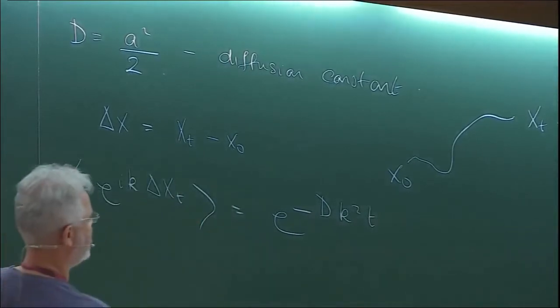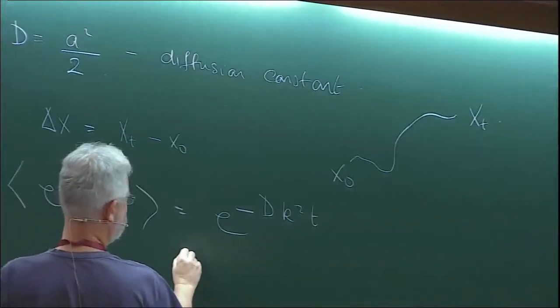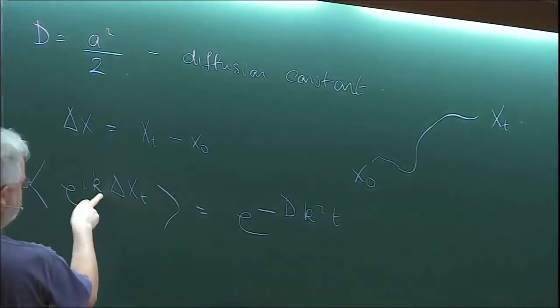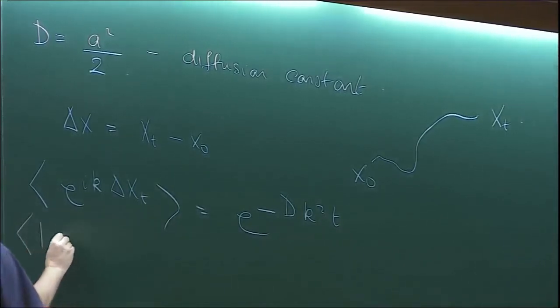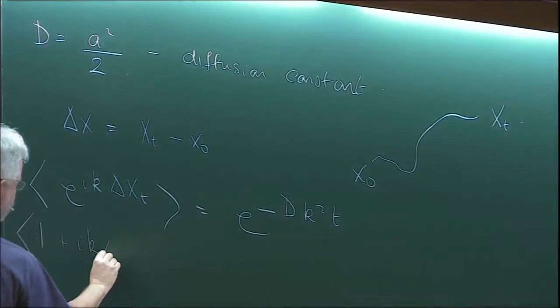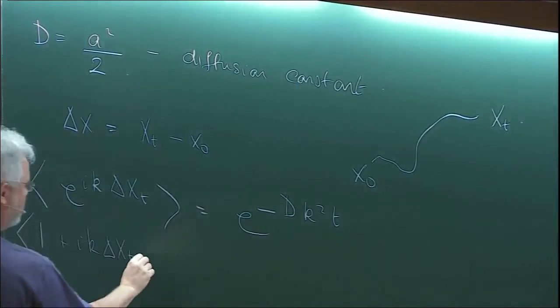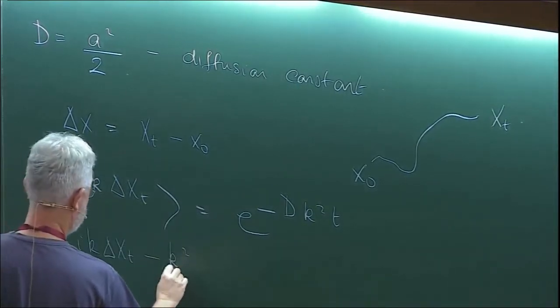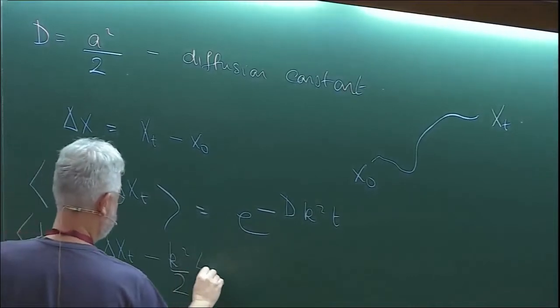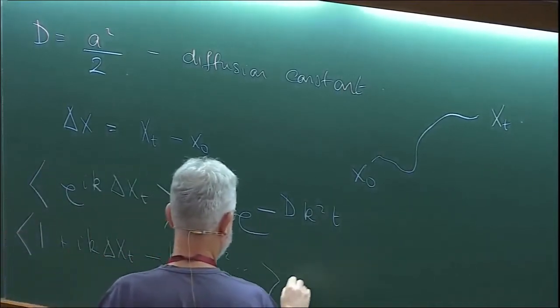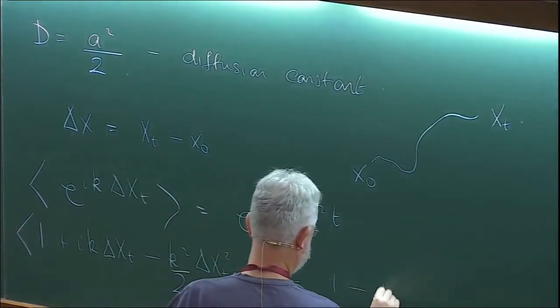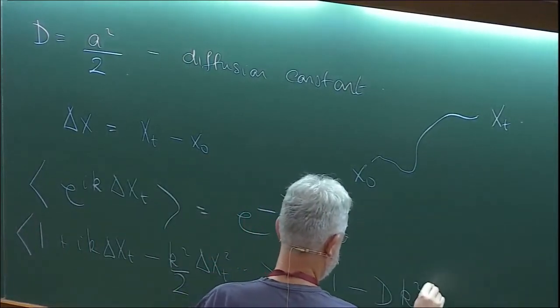If I Taylor expand that exponential in terms of k, this is how you use a generating function to compute moments. This thing is 1 plus ik delta x of t minus k squared over 2 delta x of t squared, etc. And this is 1 minus d times k squared t.